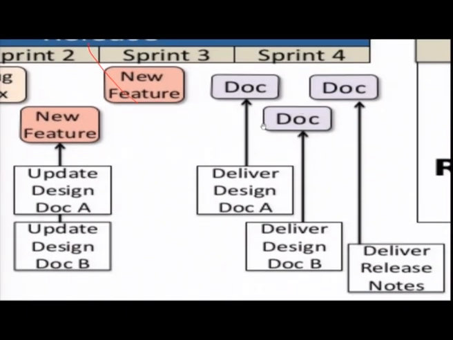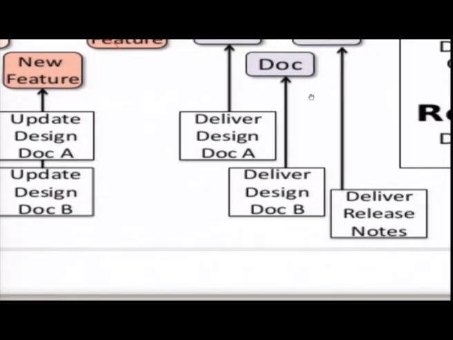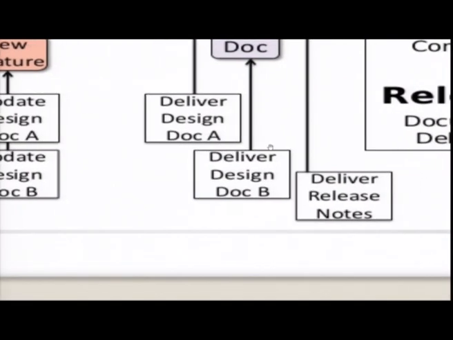So we deliver the design documentation A, we deliver the design documentation B, we deliver the release notes. Design doc A and design doc B determine what features you have added, how you have fixed the errors, how you have cleared the bugs.